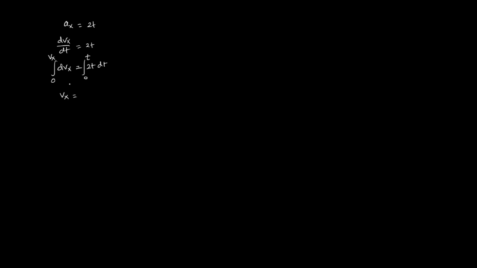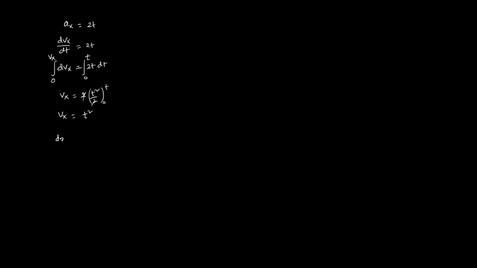I think you might know the integration by this time: 2 into t square by 2. I'm solving a little faster for mathematics, so if you have any issue you can revisit or re-watch the video. Then I got vx is t square, so the velocity along x is t square.